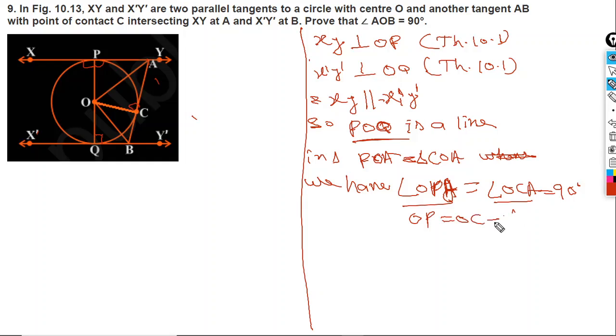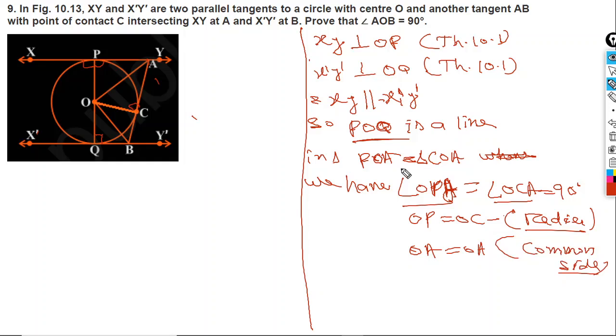Why? Because they are radii. Now again OA equals OA. This is a common side. Therefore triangle POA and triangle COA are congruent. Right angle, hypotenuse, side.